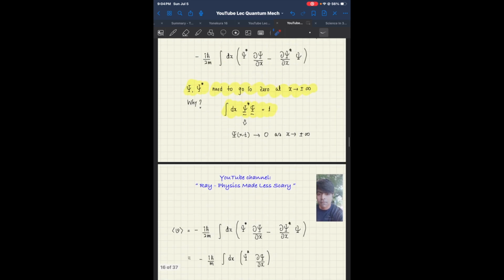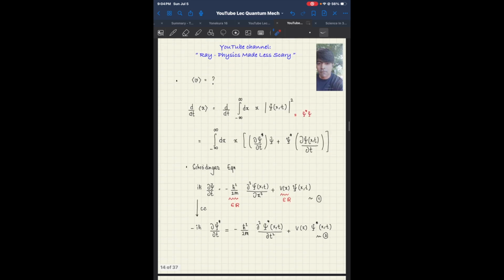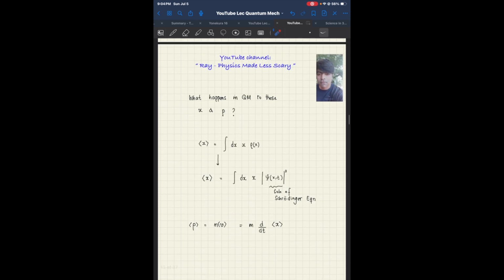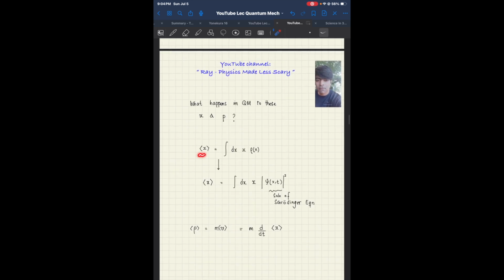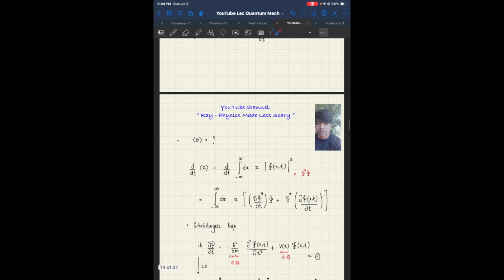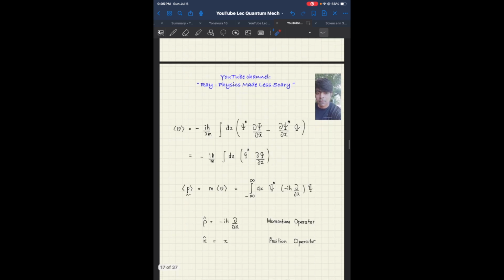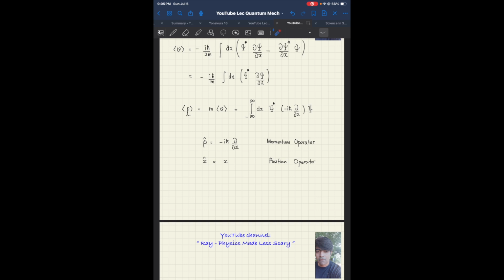How do I know that position is given by x? Literally, that's what we have been doing, right? Look here. The expectation value of x has just been given by x times the mod square of the wave function. So the operator x is instructing you to multiply by x. So x in quantum mechanics, the position operator, is a multiplicative operator. It simply instructs you to multiply whatever sits on the right hand side.